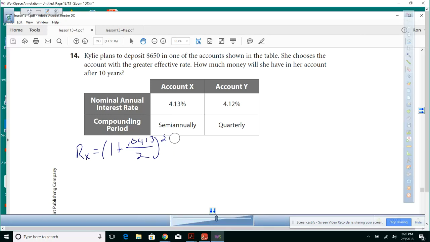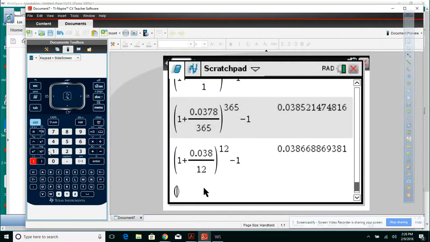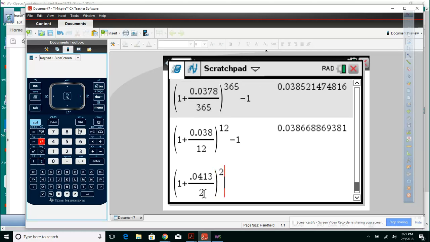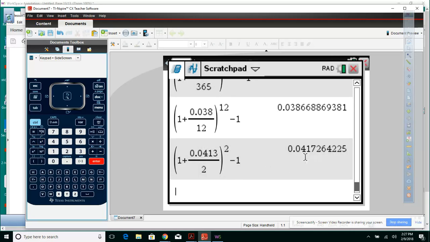We don't need the t on this. Open parentheses, 1 plus control divide 0.0413 over 2, close parentheses squared, minus 1.